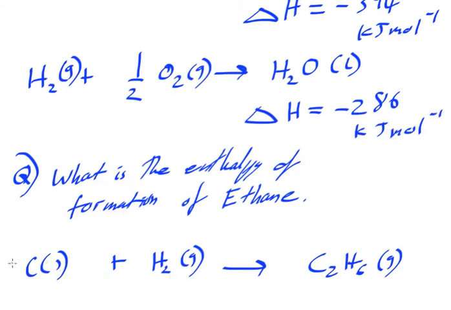We need to balance it. We balance it by putting a 2 here and a 3 here. And our question is, what is the delta H for this thing? And we're going to use all of that information in the question in order to figure that out.